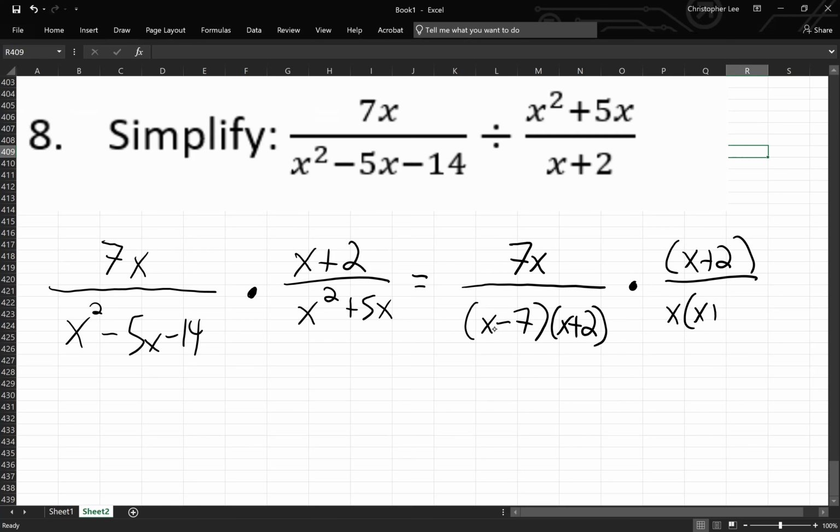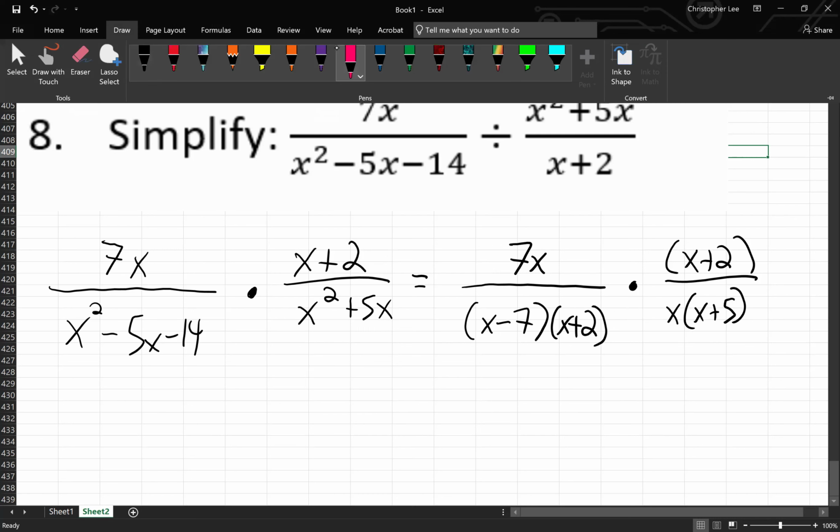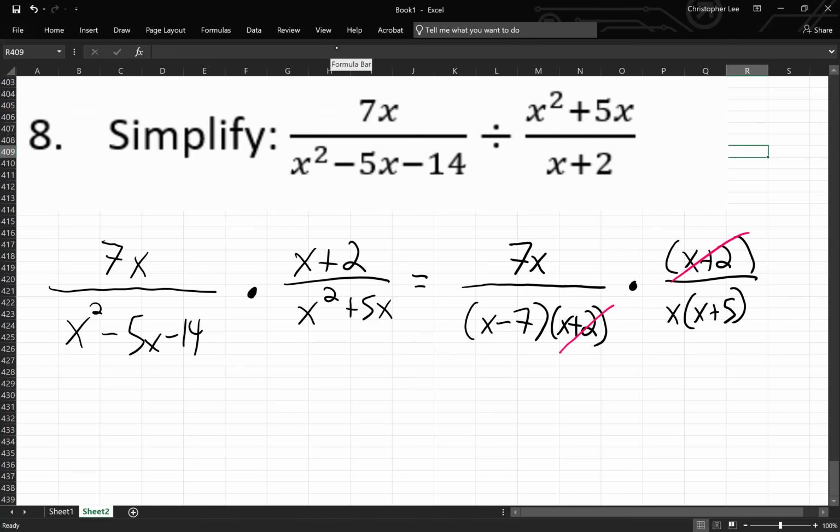Very good. Greatest common factor in that denominator. All right, so let's cross it out. What we got? X plus two, and the x's. Very good. So now let's look at our final answer.